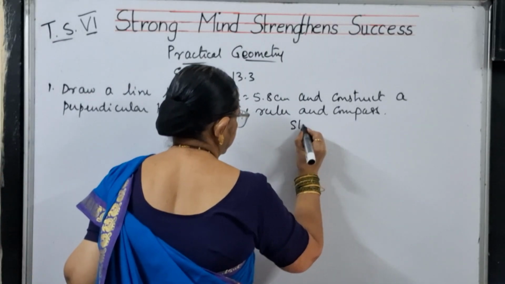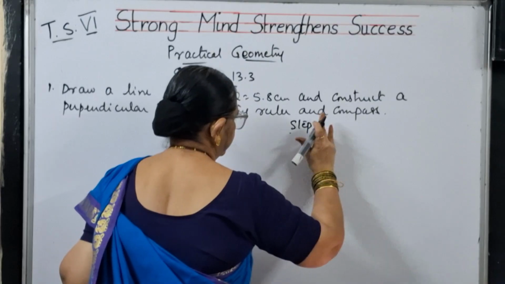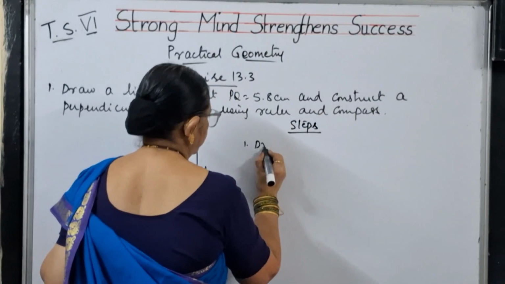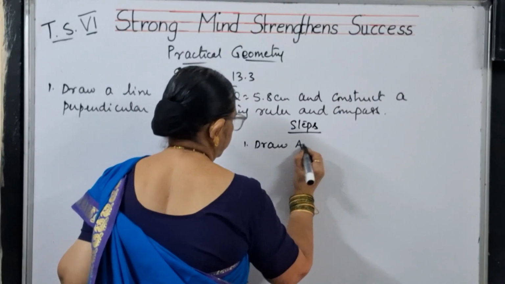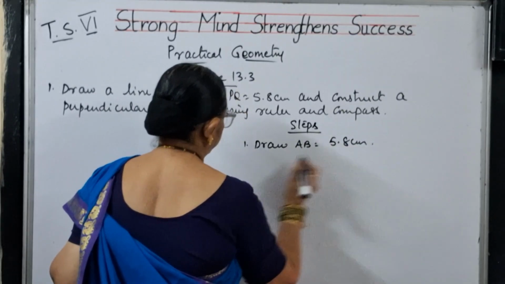So, what are the steps that you are doing? The steps for this construction. First point, draw AB equal to 5.8 centimeters.